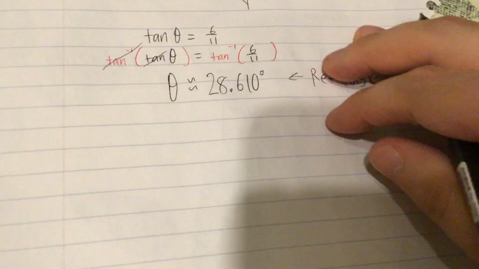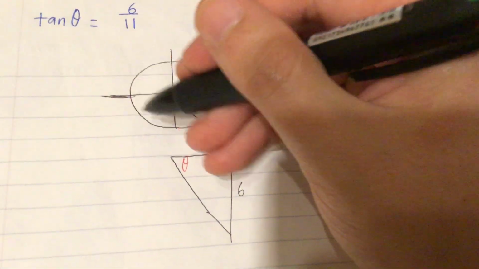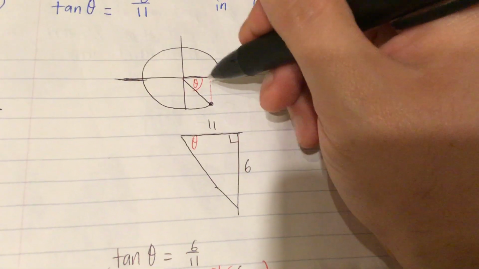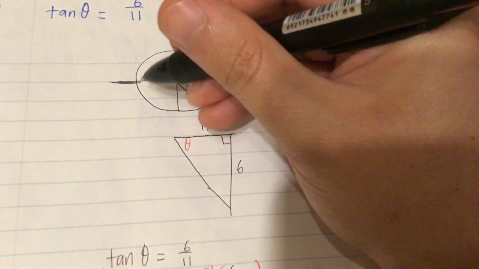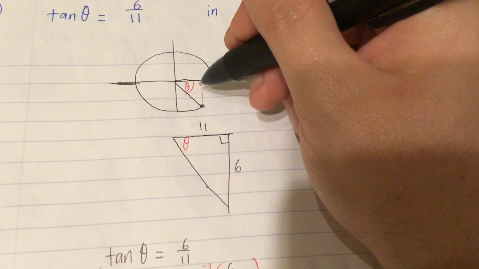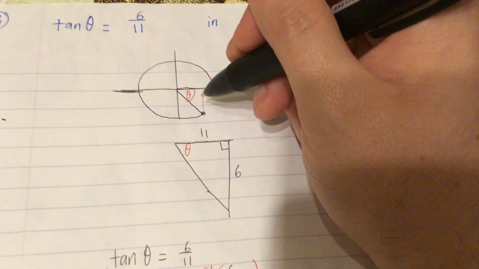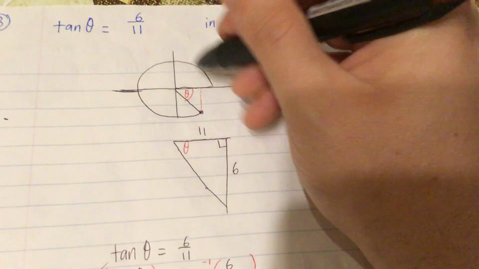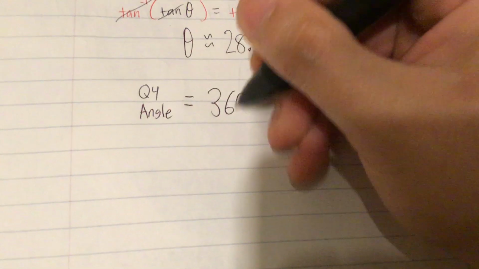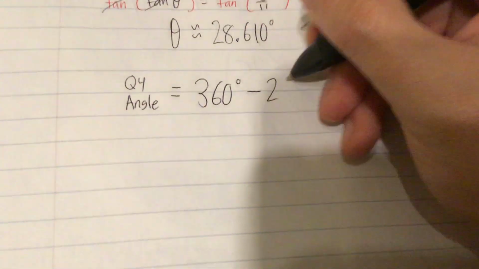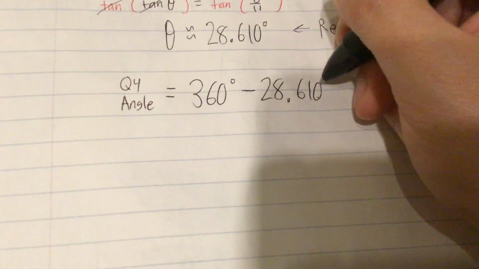So I'm going to use my knowledge of reference angles to solve for this entire arc. Remember that if we add the black arc to the red reference angle, we should get 360 degrees. Well, if we want to solve for the arc and we know the reference angle, why not just subtract it from 360 degrees? So the quadrant 4 angle is equal to 360 degrees minus 28.610 degrees.